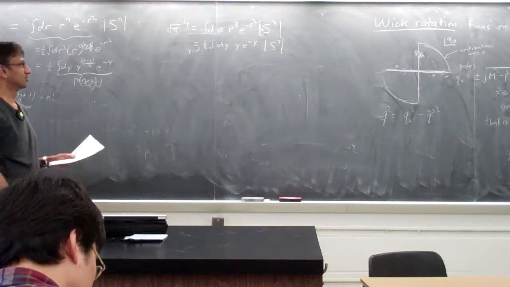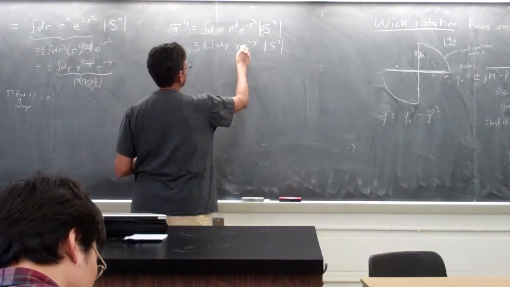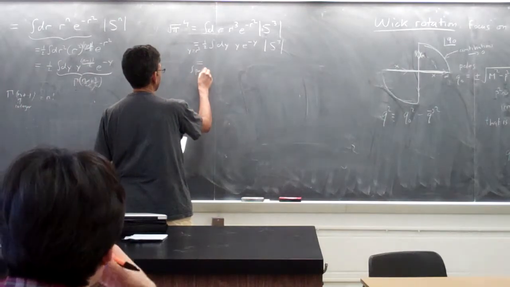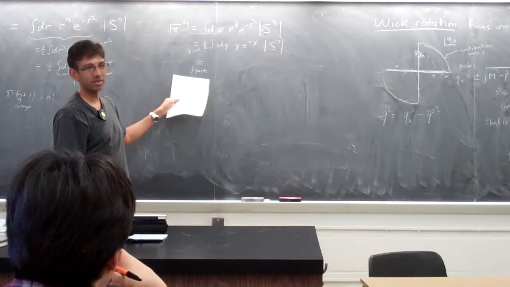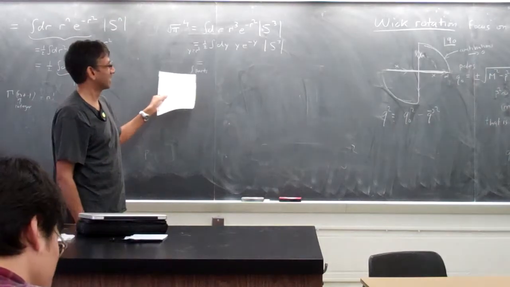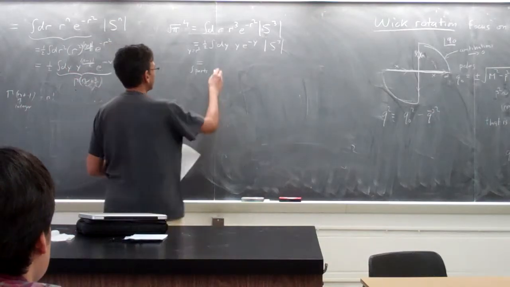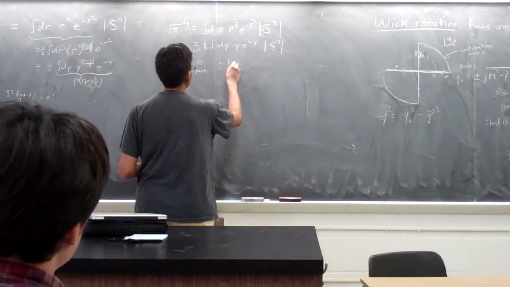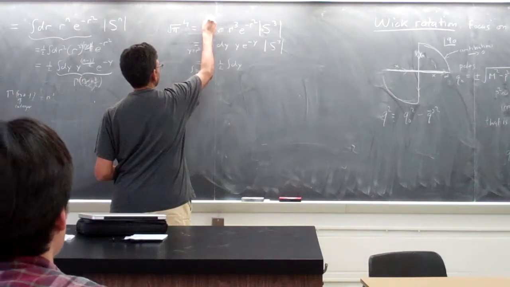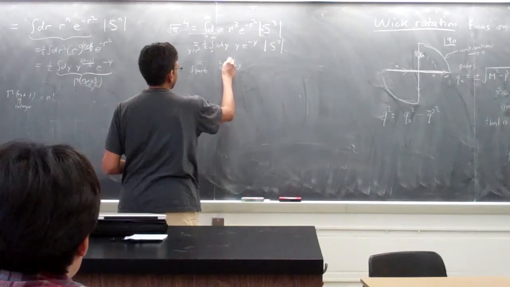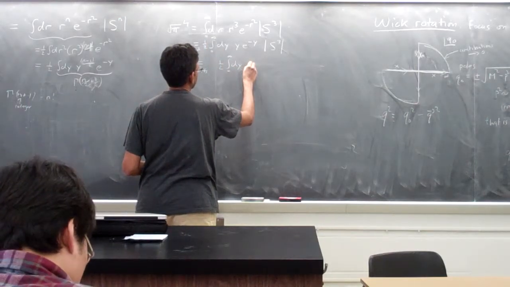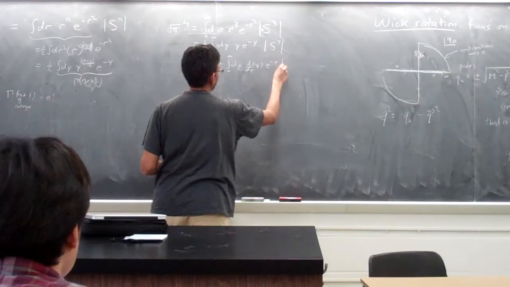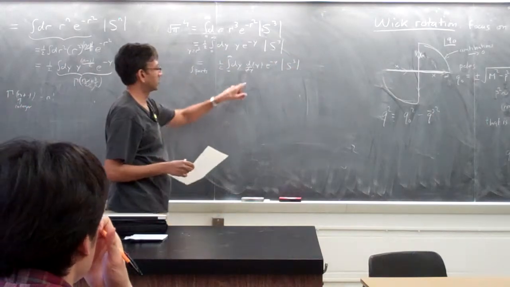So we just need to use the fact that this is equal, by integration by parts, which I will use from now on, to a half integral dy, by the way, of course, these go from 0 to infinity, of e to the minus y. Obvious, right?